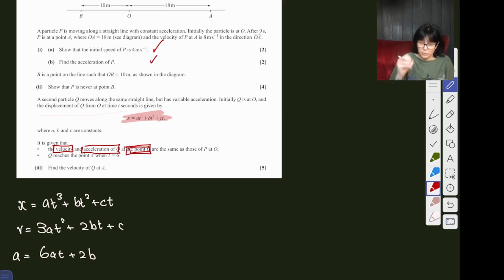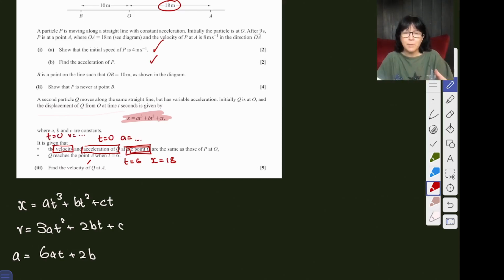Q, this particle that we're looking at, reaches the point A when t is 6. Now we know how far A is away because we already found that out here. A is 18 away. So that piece of information is that when t is 6, the displacement is 18. And the other information is that when t is 0, A is this, and when t is 0, V is this.